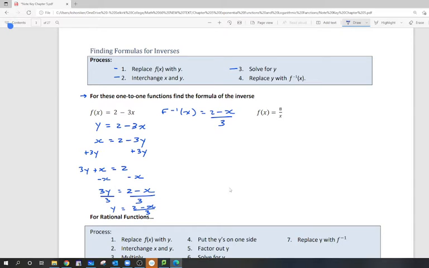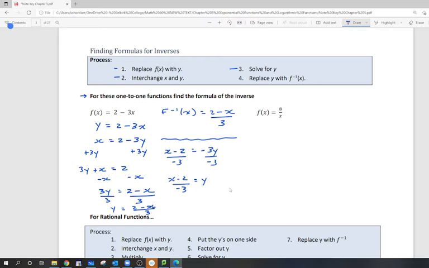If you hadn't done it this way, if you hadn't isolated the y to make it positive, all that's going to happen is you would have subtracted 2. You'd get x minus 2 equals negative 3y. Then you would be dividing by negative 3. Now, is that okay? Can I get an equation y equals (x minus 2) over negative 3? I mean, technically, it's mathematically correct.